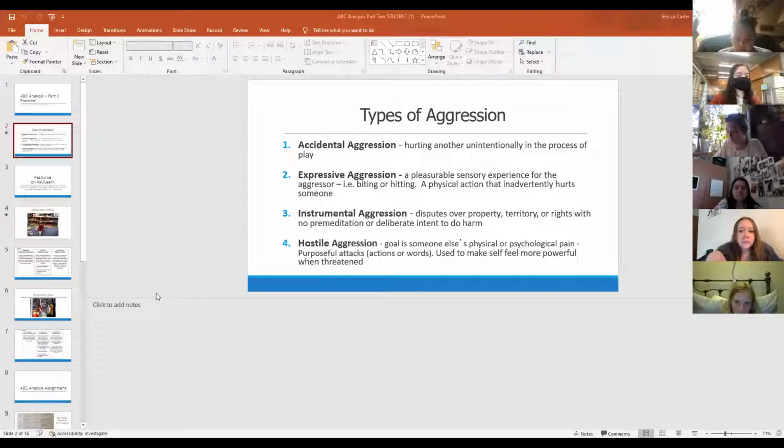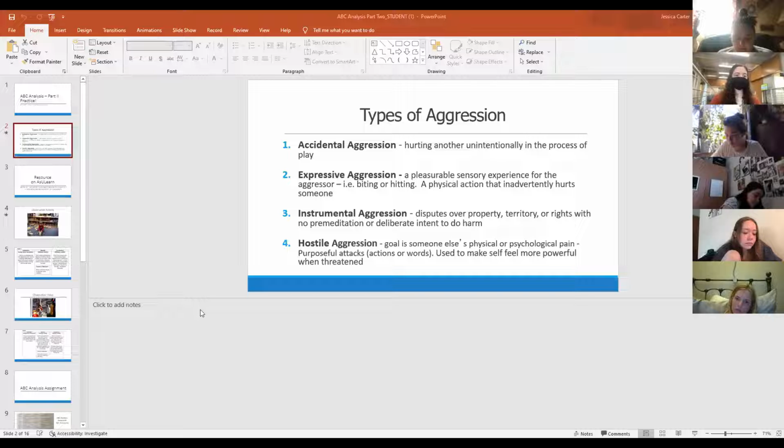Accidental, which is obviously unintentional, happens just in the process of play or moving throughout the classroom. Expressive aggression, this is when a pleasurable sensory experience for the aggressor, such as biting or hitting, inadvertently hurts another child, right? So it's not necessarily with malicious intent.